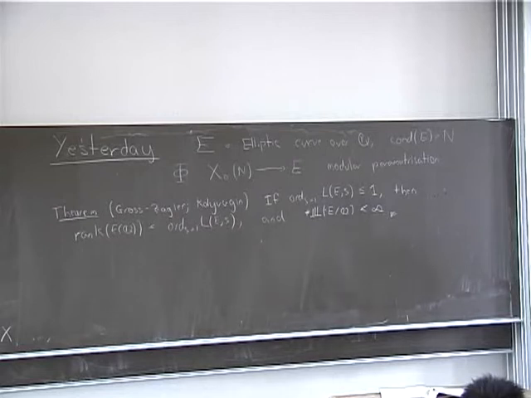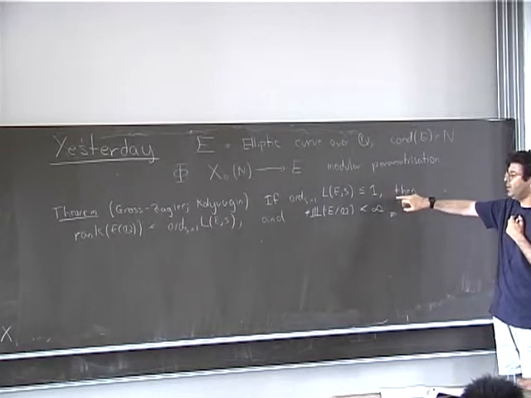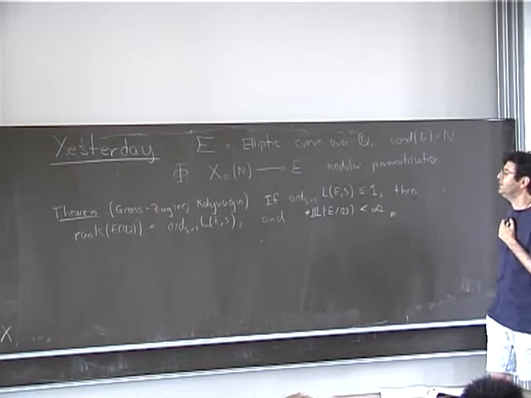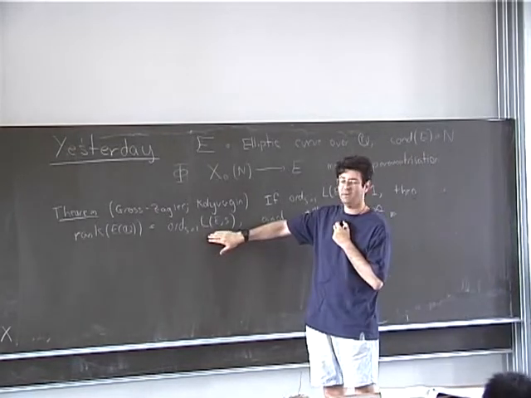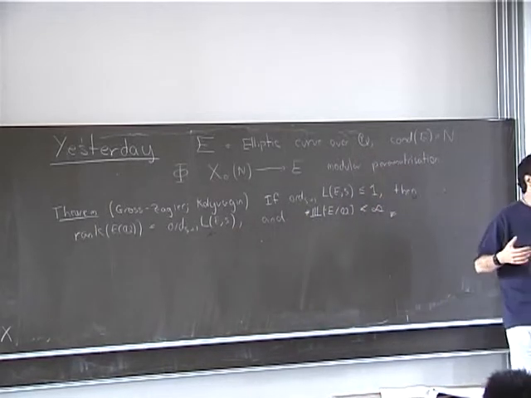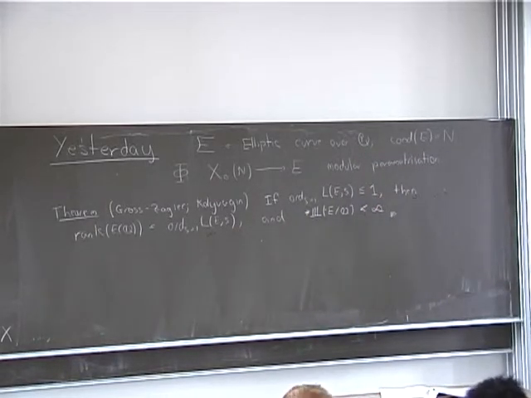And the result is that if the order of vanishing of this L-series is at most 1 at the central critical point, s equals 1, then the rank is the one predicted by the Birch and Swinnerton-Dyer conjecture. And also, as a byproduct of the proof, we know that the Shafarevich-Tate group of the elliptic curve, which I mentioned a bit last time, and which measures the complexity or the lack of effectivity of descent in studying the Mordell-Weil group, is finite.